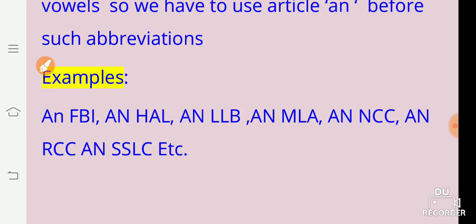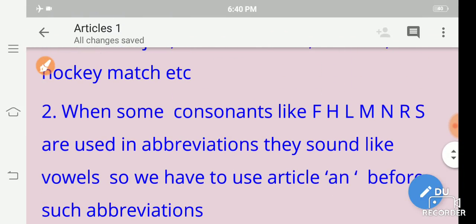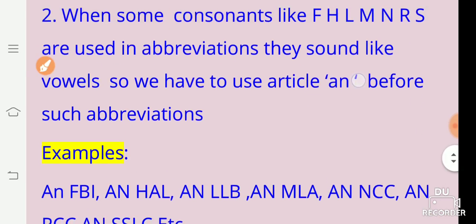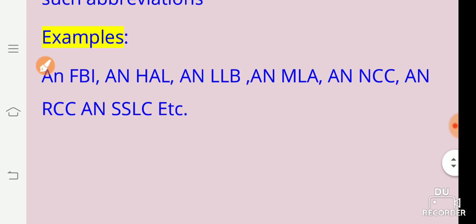So therefore, I listed these letters which are very important. You have to remember all these letters, friends: F, H, L, M, N, R, and S, even X also. X also comes here. When these letters are used in abbreviations, they give the sound of a vowel.